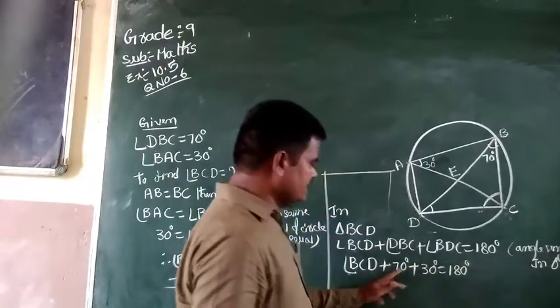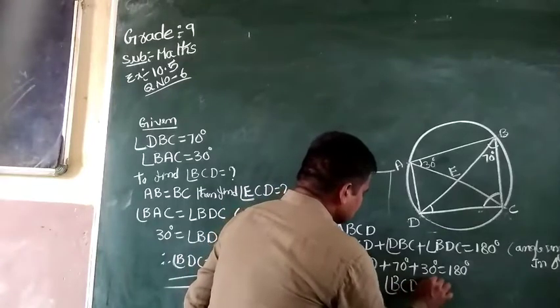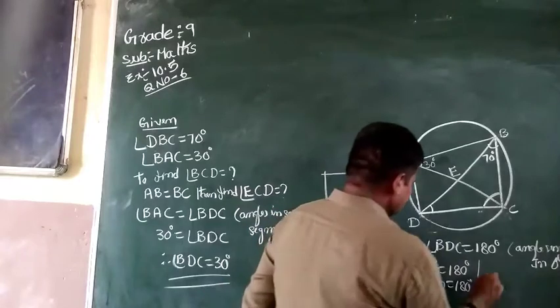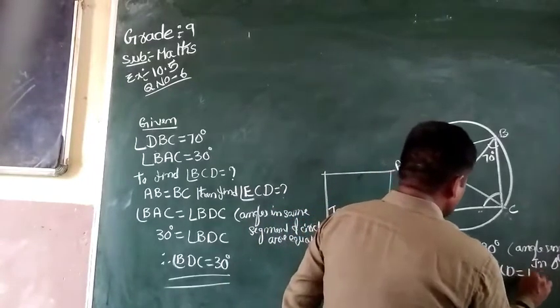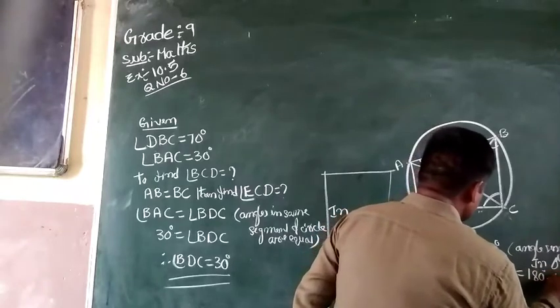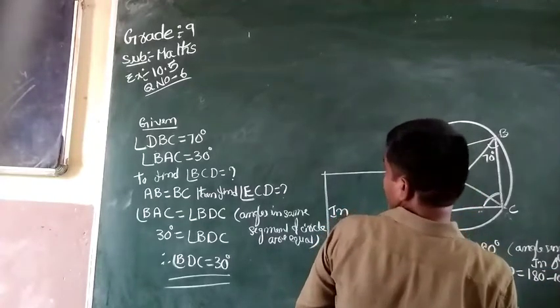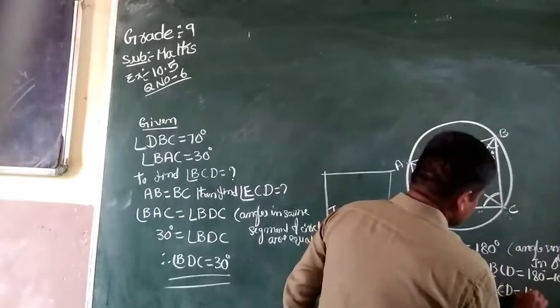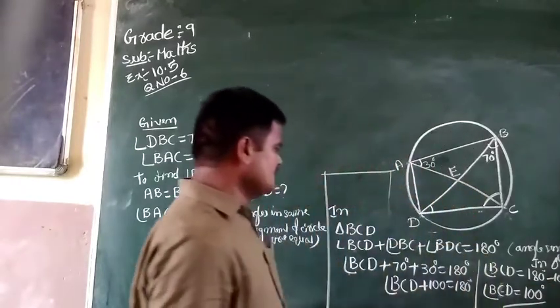This sum equal to 100 degrees. Angle BCD plus 100 degrees equal to 180 degrees. Therefore angle BCD equal to 180 minus 100, so angle BCD equal to 80 degrees.